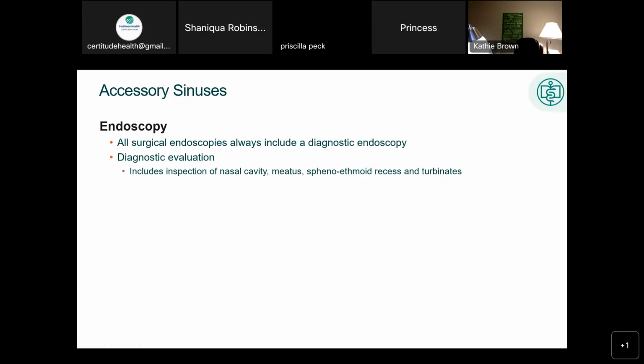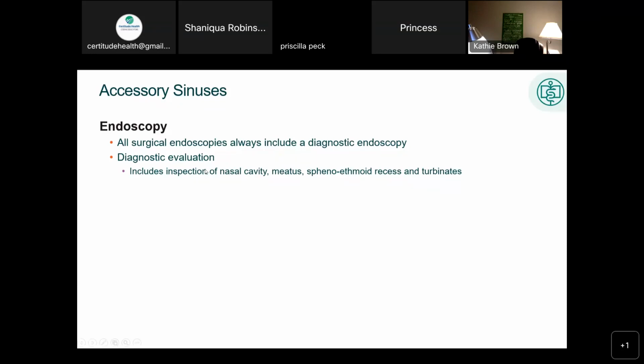And then after that, they are going to do another endoscopy, which would be considered a diagnostic as well, to make sure that they correctly perform the procedure. So you would not bill a diagnostic endoscopy separately, because they have to do that in order to make sure that the procedure is performed on the right area and correctly.